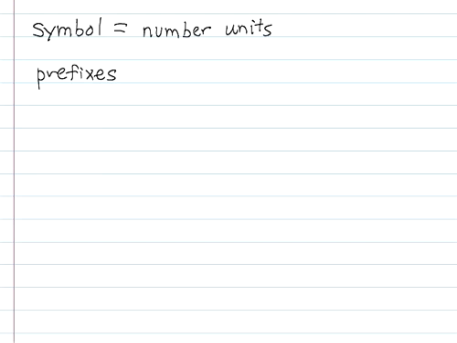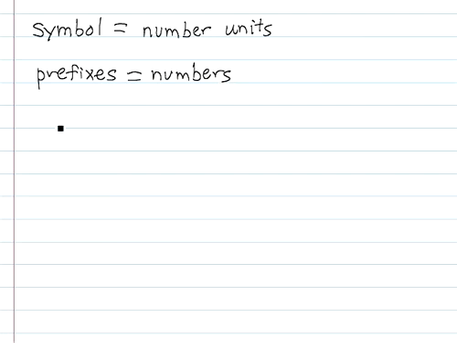And since they are letters, and since symbols are also letters, people tend to think that prefixes are either symbols or units. Units are also written in terms of letters. But the thing to remember is that prefixes are numbers. That's a little confusing because they don't look like numbers. So that's the thing to remember. Prefixes are numbers.